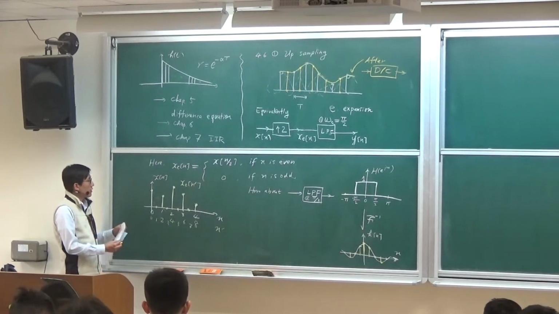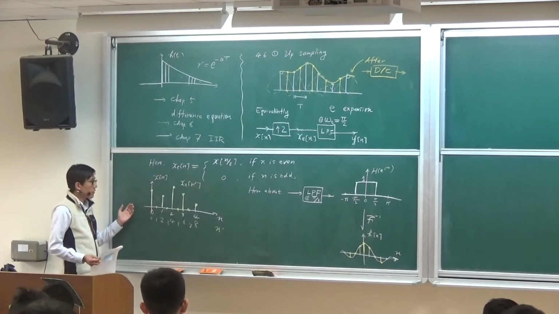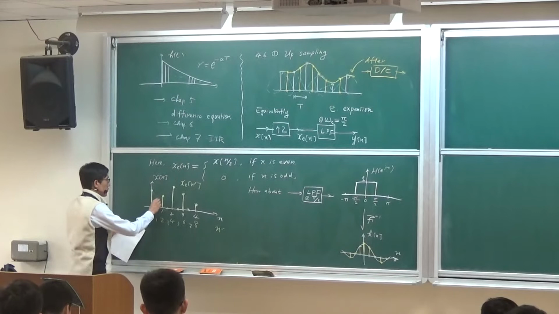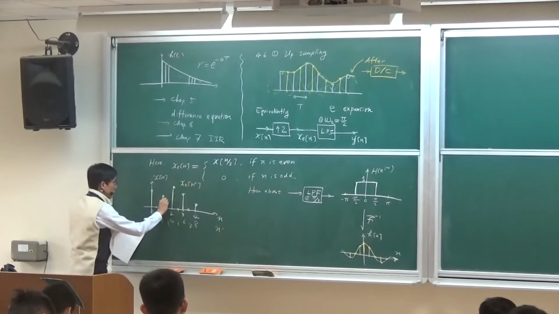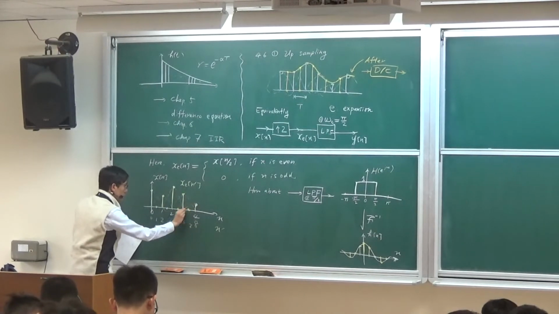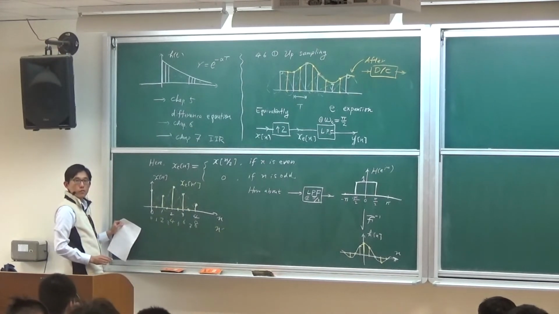So I want to show you that just by completely doing this, note that there are two steps here. Let me finish drawing the picture, okay? So equivalently, now we are doing this sinc interpolation completely in the discrete time domain.